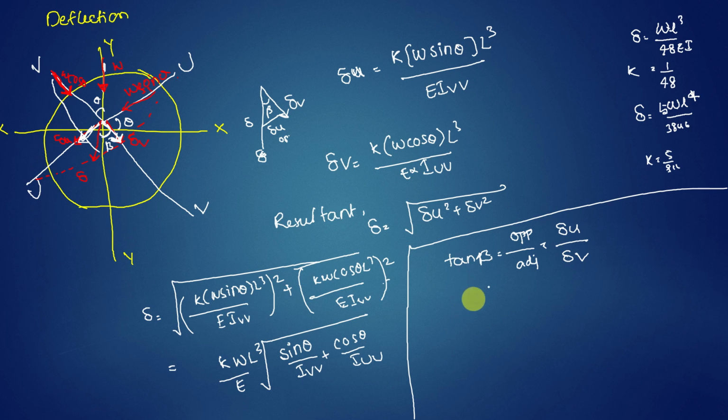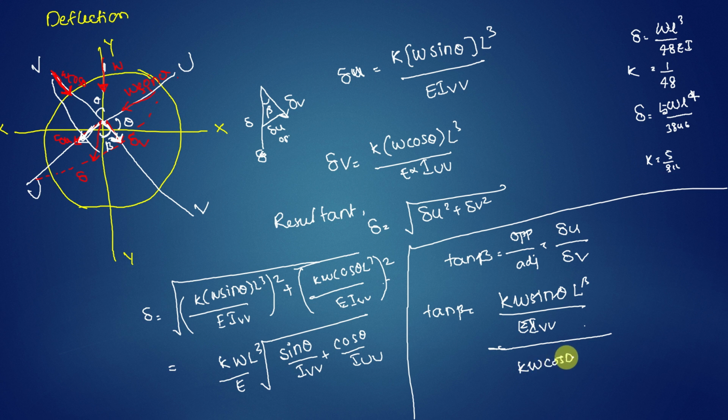You have delta u as this much, delta v as this much. Let us substitute. Tan beta is equal to kw sine theta L cube by E into I_vv by kw cos theta into L cube by E into I_uu, right?